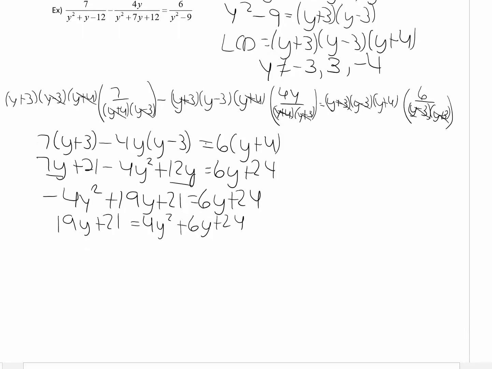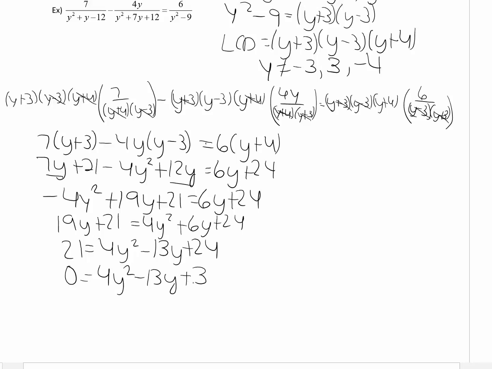Next, I'll subtract the 19y. And then I'll subtract the 21. Remember, it's a quadratic equation, so I want to set it equal to 0. There's no greatest common factor to factor out, so I want factors of 12 whose sum is negative 13.